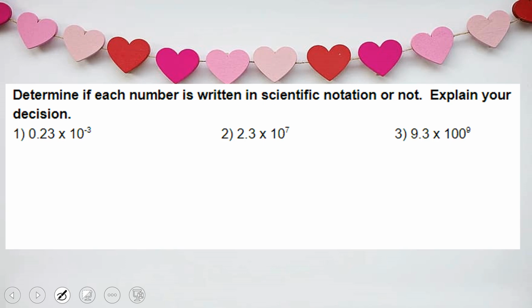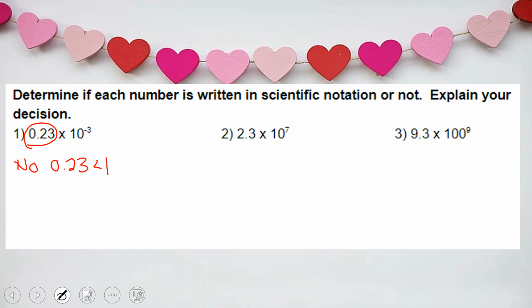This one is not in scientific notation because of this A value. Remember, the A value has to be between 1 and 10, but cannot equal 1 and cannot equal 10. 0.23 is less than 1, which doesn't qualify as proper scientific notation. Everything else about it's fine, just not the A value.